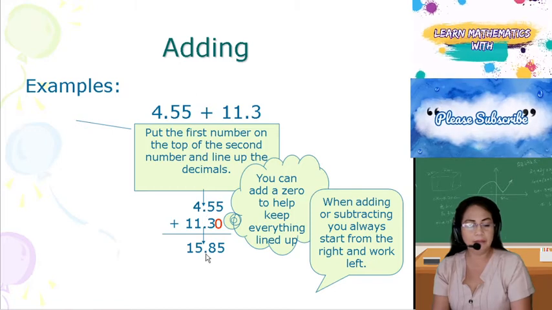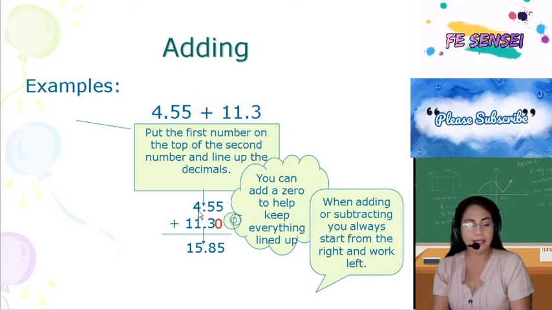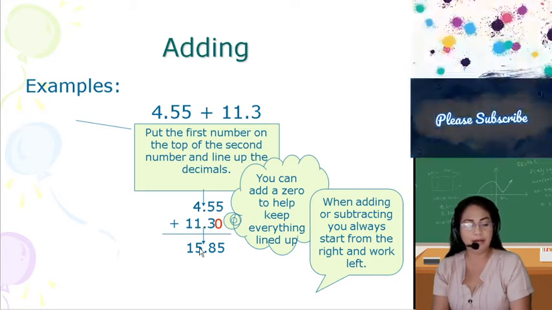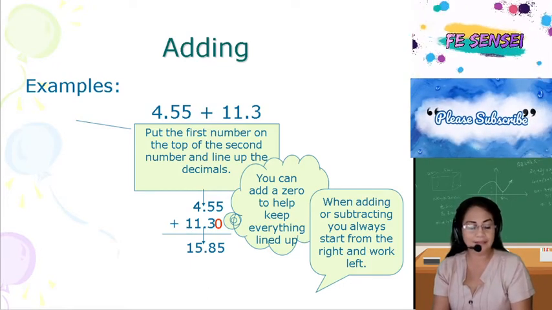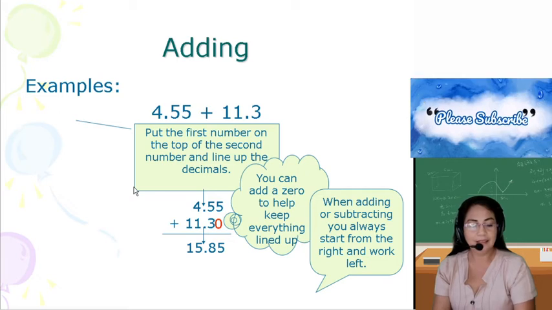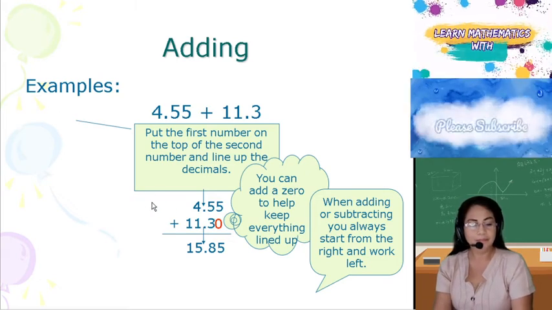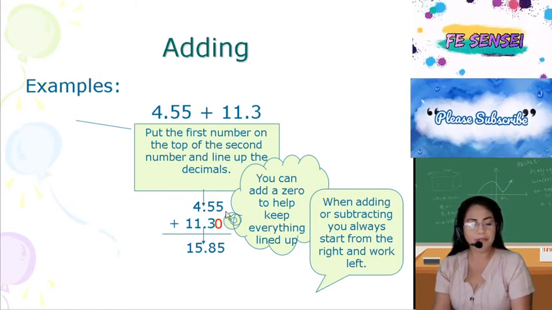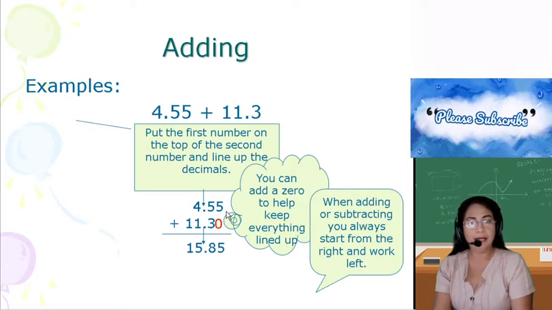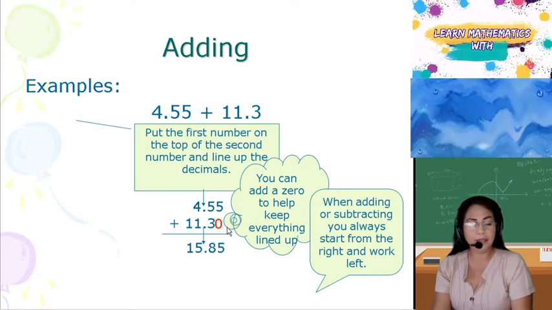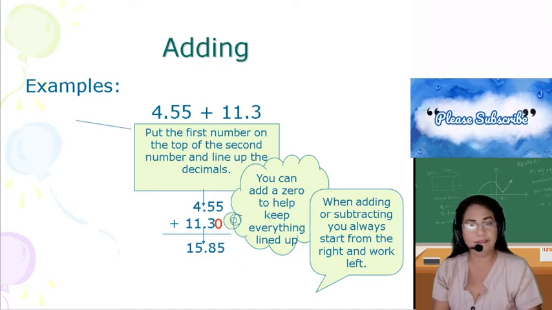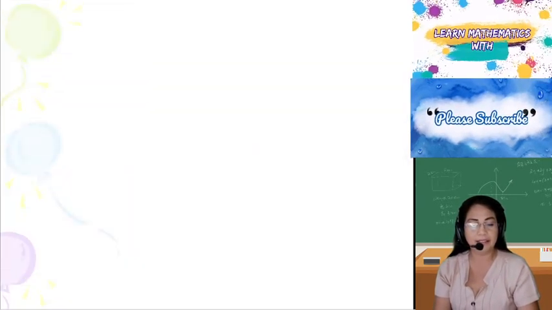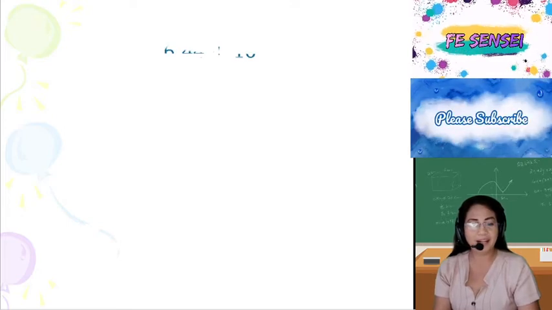Then, the decimal point. Then, 4 plus 1 equals 5. Then, bring down 1. So, 4 and 55 hundredths plus 11 and 3 tenths equals 15 and 85 hundredths. So easy, right?